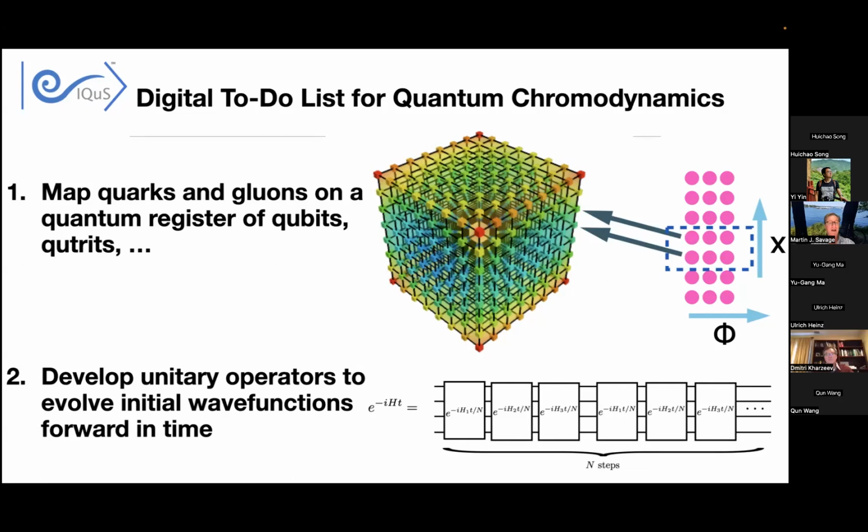For fermions, one can straightforwardly understand how one can map fermions onto discrete Hilbert spaces. When it comes to the gluons, of course, there has to be a local register where the continuous degrees of freedom are then digitized.